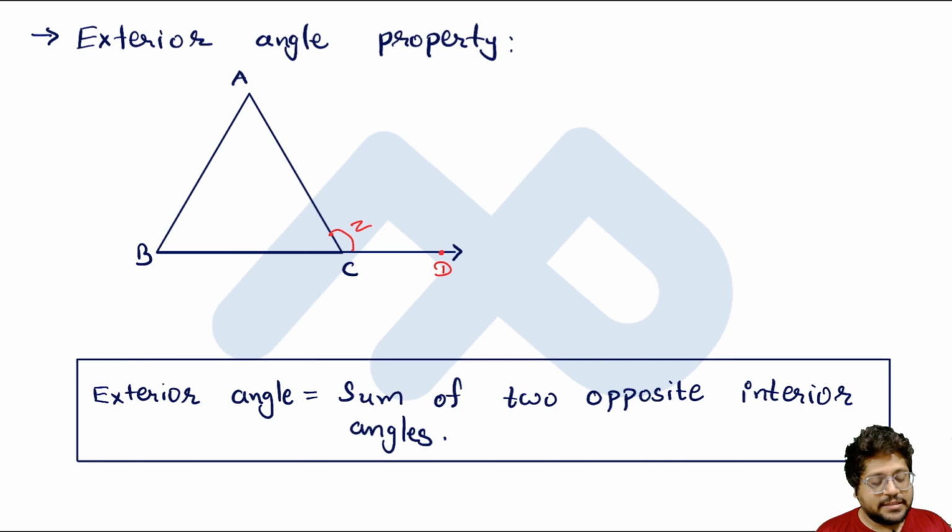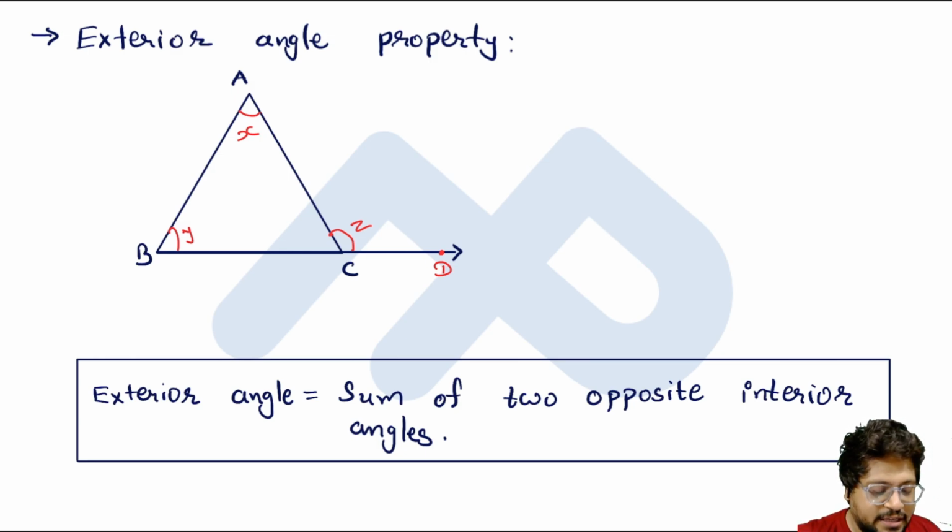And the property says that any exterior angle is equal to the sum of two opposite interior angles. That means it's not any two interior angles, but it's the sum of the two opposite interior angles.